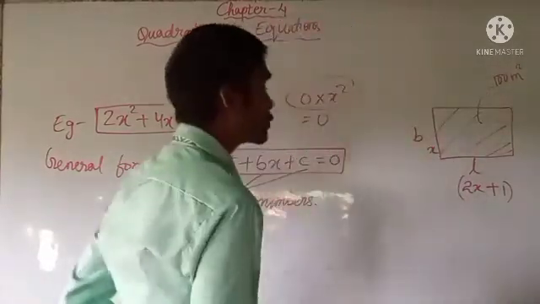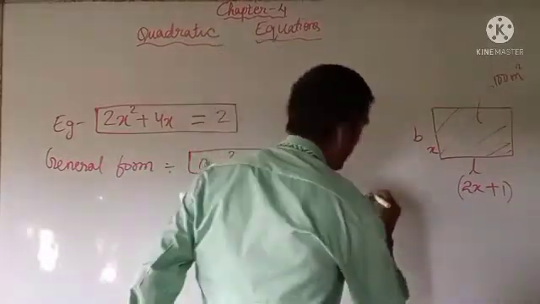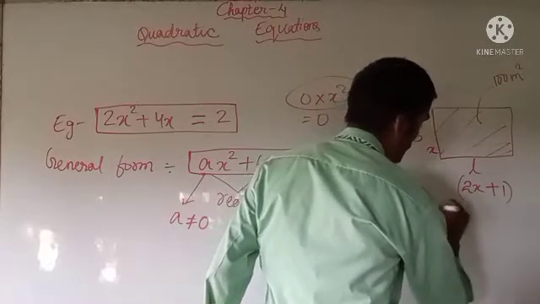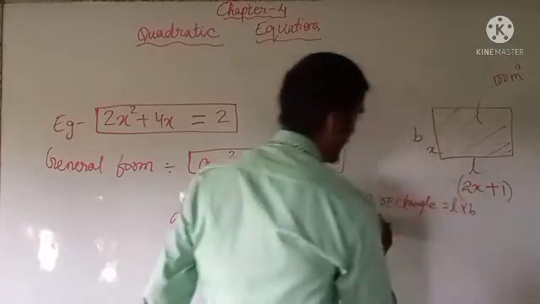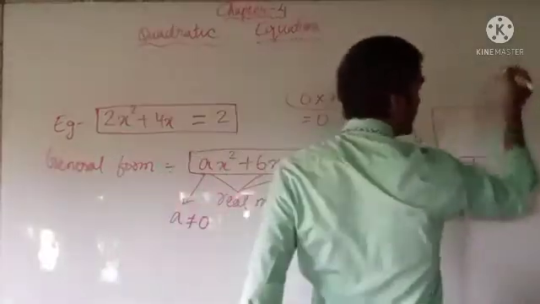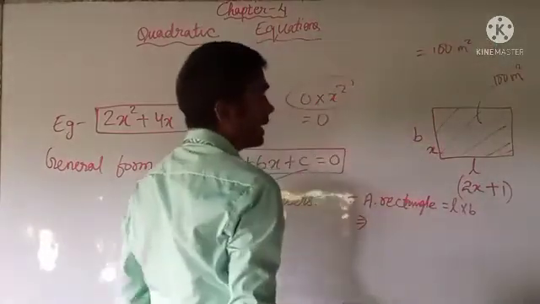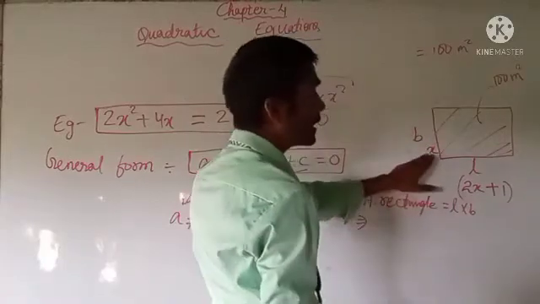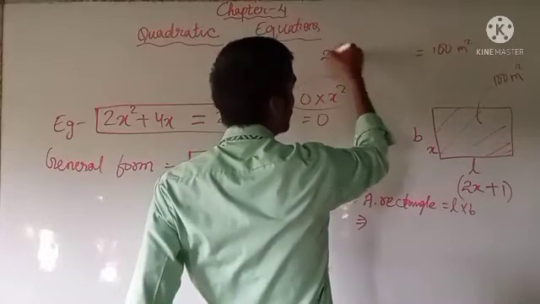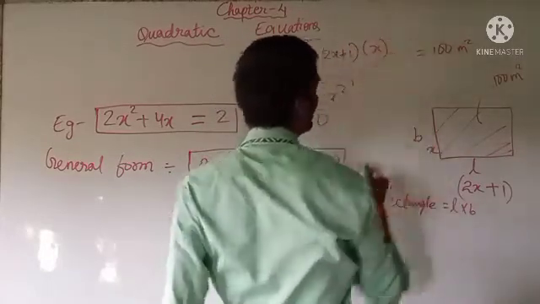Now the area is given as 100 meters square. So how can we form the equation? We know that the area of a rectangle is length into breadth. Here the area is given as 100 meters square, and length into breadth means length here is 2x plus 1, multiplied by breadth, that is x.